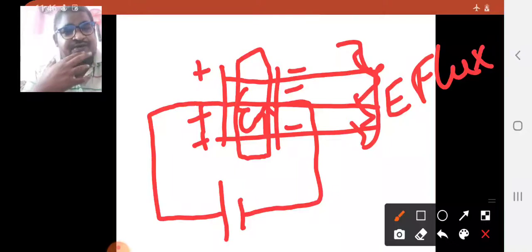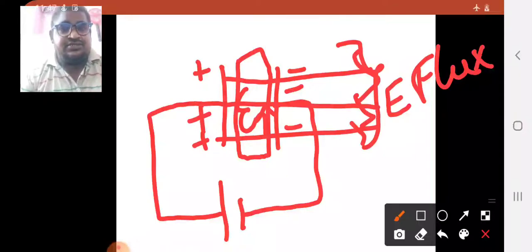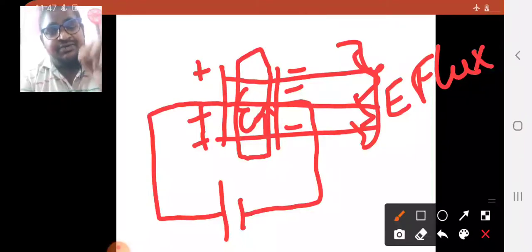So this is how the capacitor establishes electric flux. Now we can define Ohm's law for the capacitor. At constant temperature, the charge deposited on the conducting medium is directly proportional to the applied voltage.